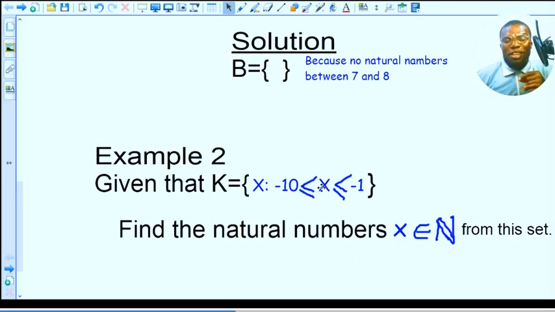We are saying that they are included due to the use of these two inequalities. These inequalities mean the numbers mentioned are included.